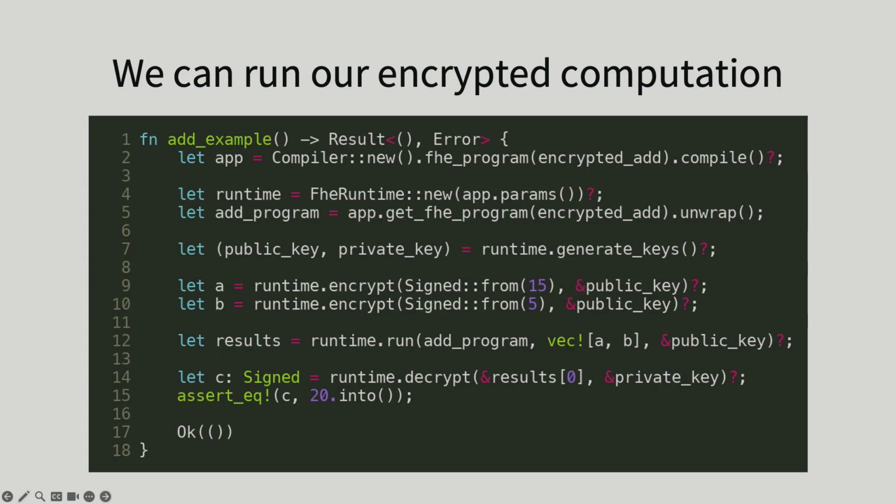And then we can decrypt that result using our private key. At this point, you could consider all of this was done on a local machine, but one nice thing is that most of these types are serializable. You can take the ciphertext, the plain text data, the encrypted data, the programs themselves and also the parameters, and send them over to a server to be run.